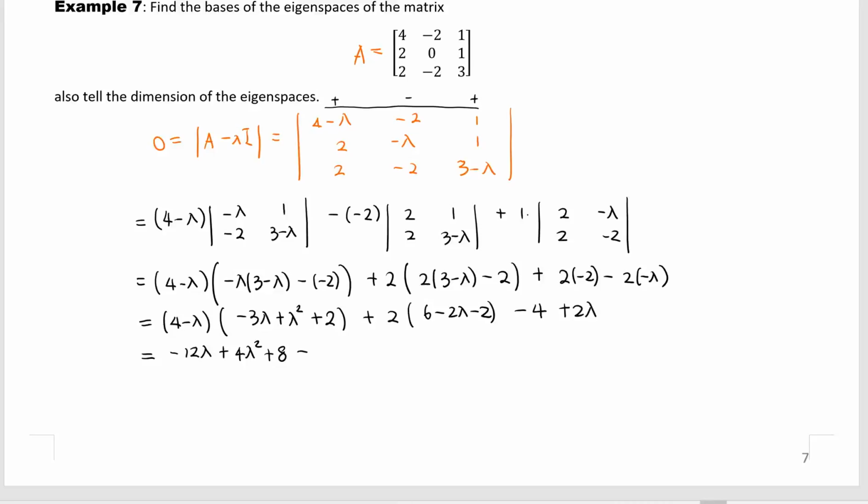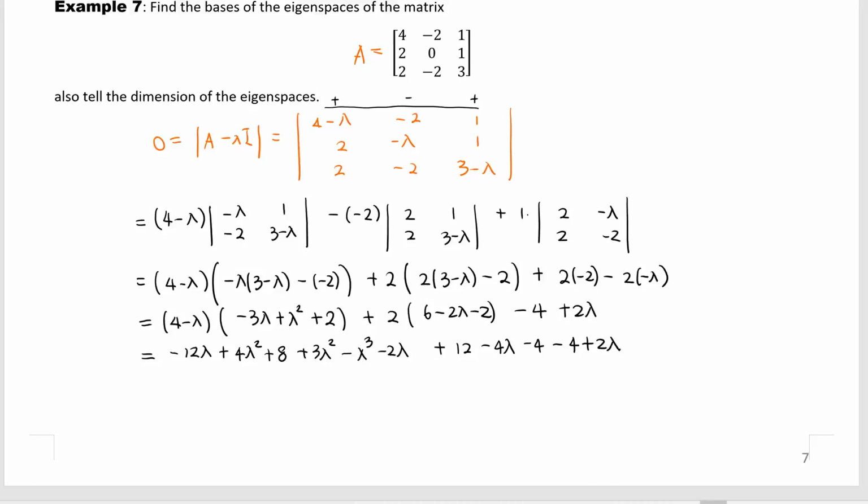Minus lambda times 3 lambda plus 3 lambda squared. And then minus lambda times lambda squared, minus lambda cubed. Minus 2 lambda. Okay, so that's the first term. Second term, 2 times 6, 12. 2 times negative 2 lambda is minus 4 lambda. 2 times negative 2 is minus 4. Plus 2 lambda.